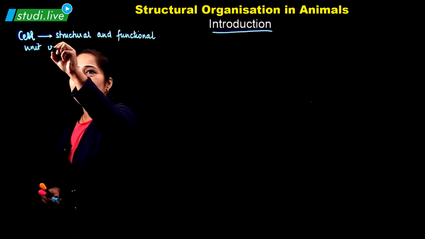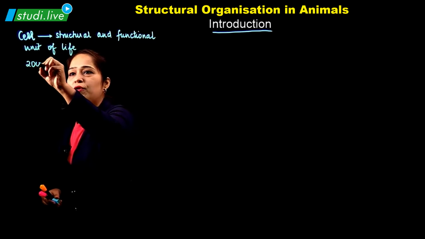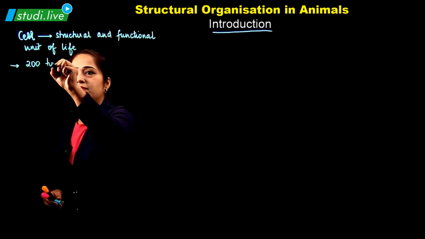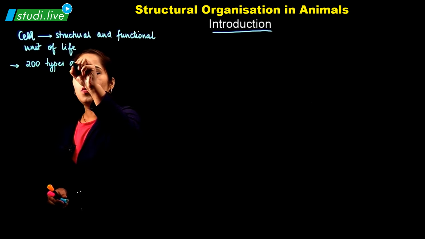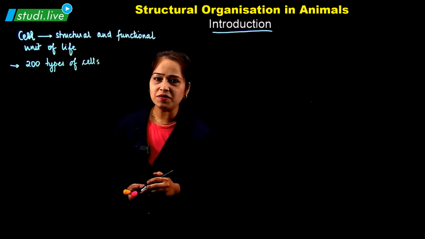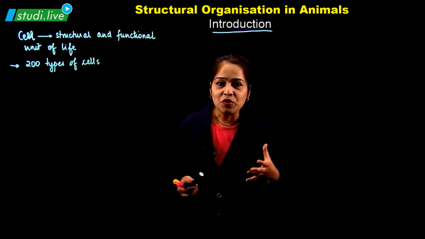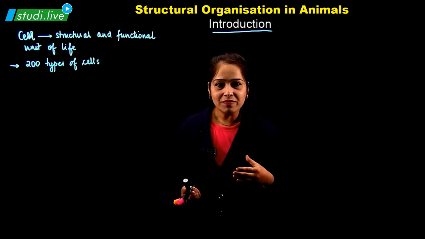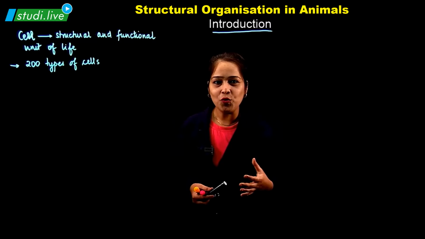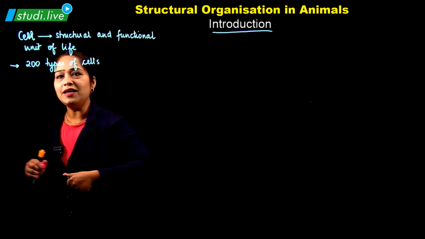In an animal body, there are around 200 different types of cells. We are not going to study these 200 types, but when these cells come together, they form a tissue.